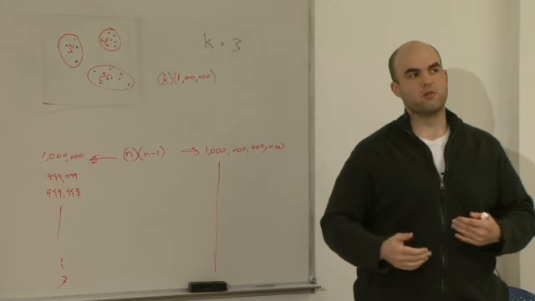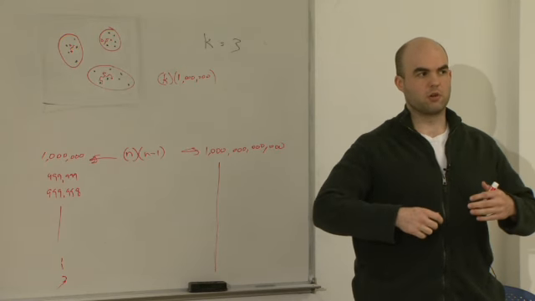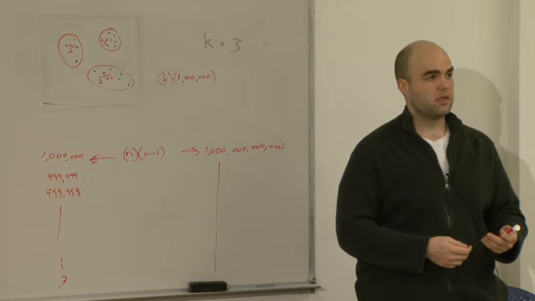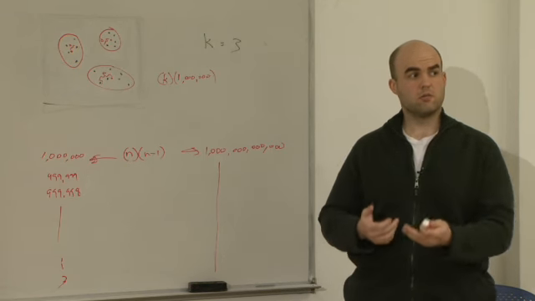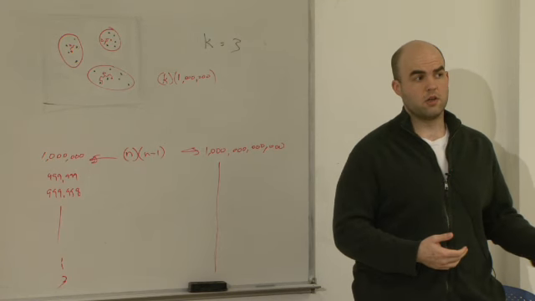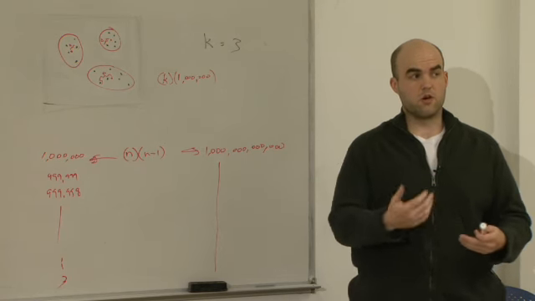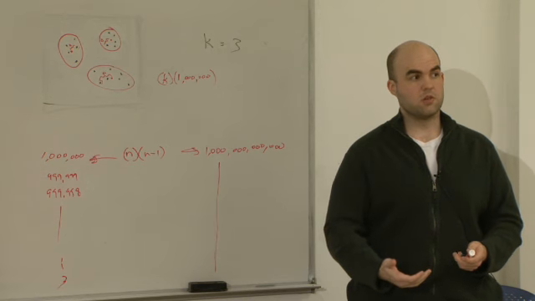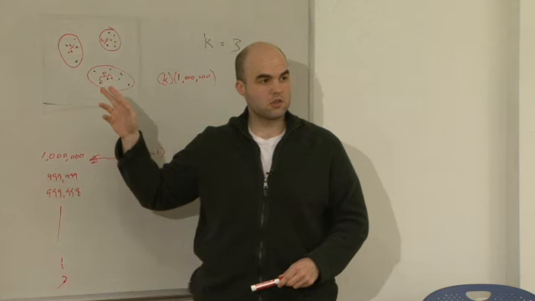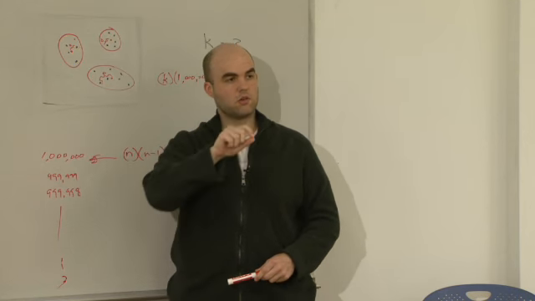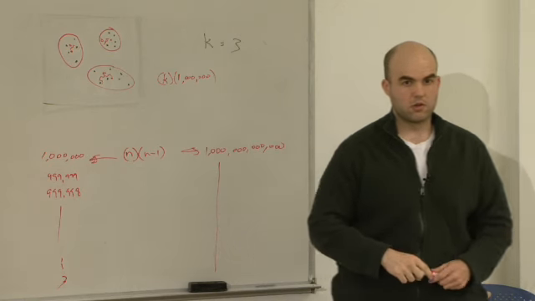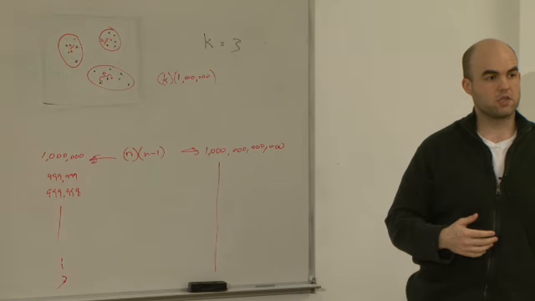But one of the main advantages that hierarchical clustering has over k-means is that k-means is random. It's non-deterministic. Hierarchical clustering is deterministic. It's always going to give you the same result. With k-means, because your initial starting conditions are random, because you're choosing k random points, the end result will be different each time.